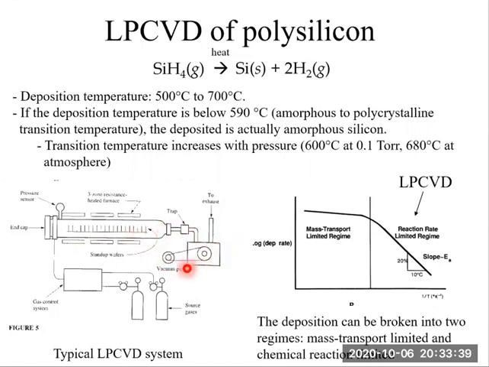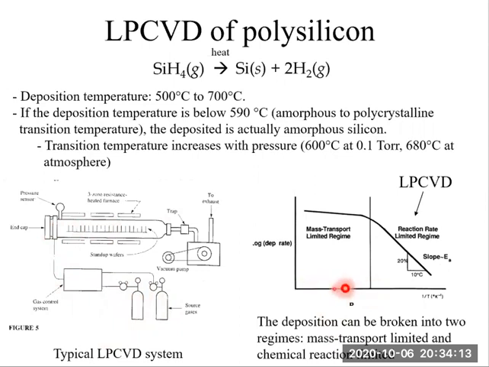So we use the vacuum pump to generate the vacuum, or to reduce the pressure, because it's a low pressure CVD. It's carried out in low pressure or a vacuum. And the reaction gases are injected into the tube from the front end. This is the typical LPCVD system.